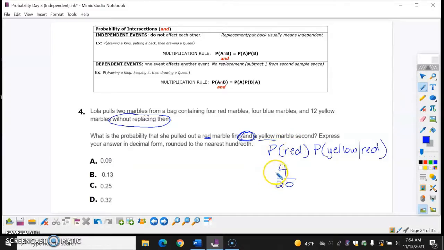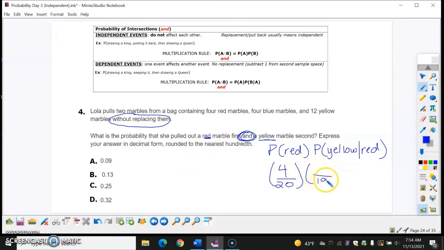There's 4 out of 20 chances to draw a red. And then we're going to find the probability of drawing a yellow marble given that you drew a red marble. So if it's not replaced, okay, is this still going to be over 20?